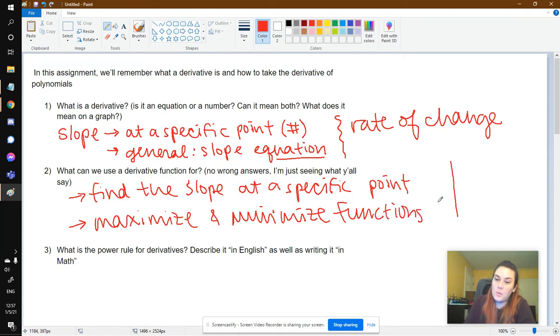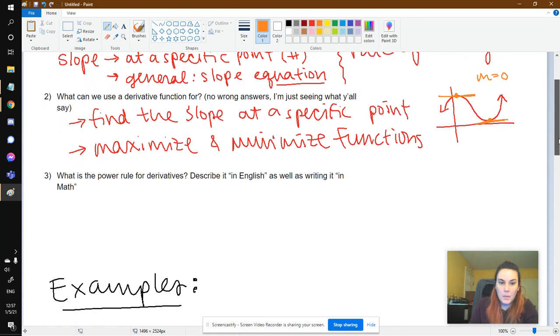And just as a preview, we're going to talk about this more on Friday, but the max and min of this function is right here and right here. And you might notice that at both of these points, the slope is equal to 0, right? So we can use the derivative to find when the slope is equal to 0, and then we can say, well, when the slope is 0, usually we have either a maximum or minimum, and now we can start to zero in on where functions are highest or lowest, which is kind of dope, kind of powerful.